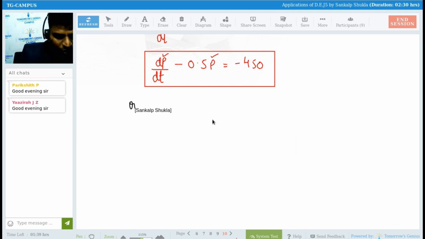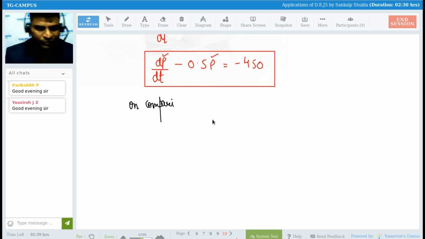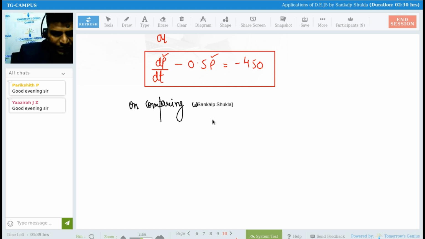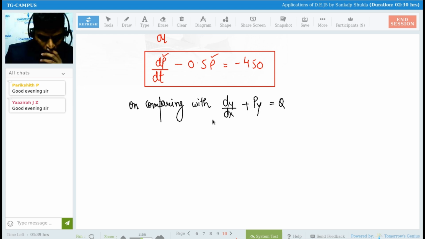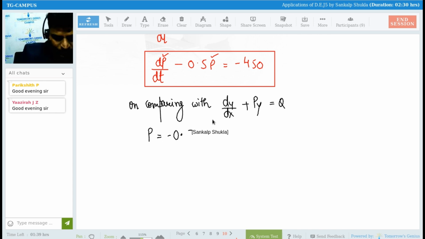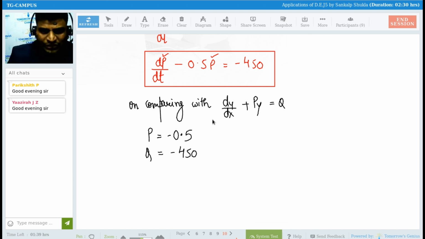So I will write, on comparing with dy by dx plus Py is equal to Q, here our P is minus 0.5 and here our Q is minus 450. Okay, please don't get mistaken.